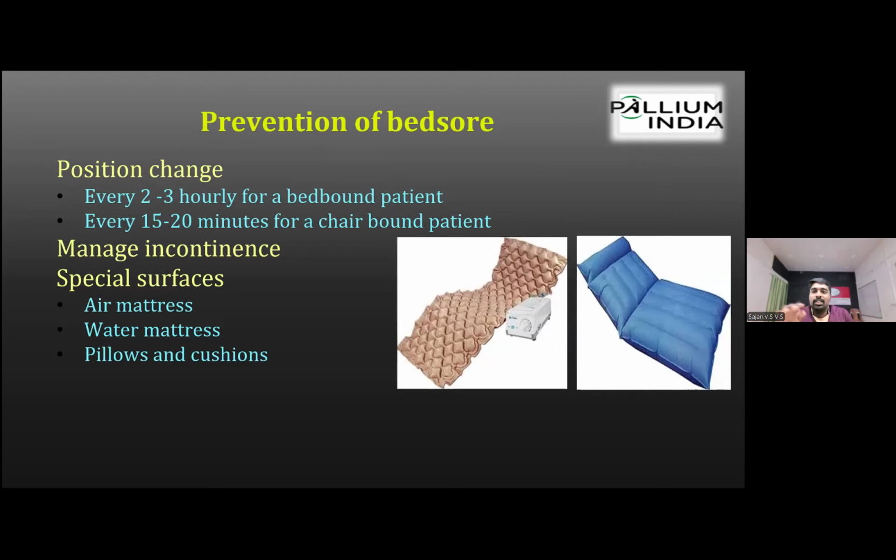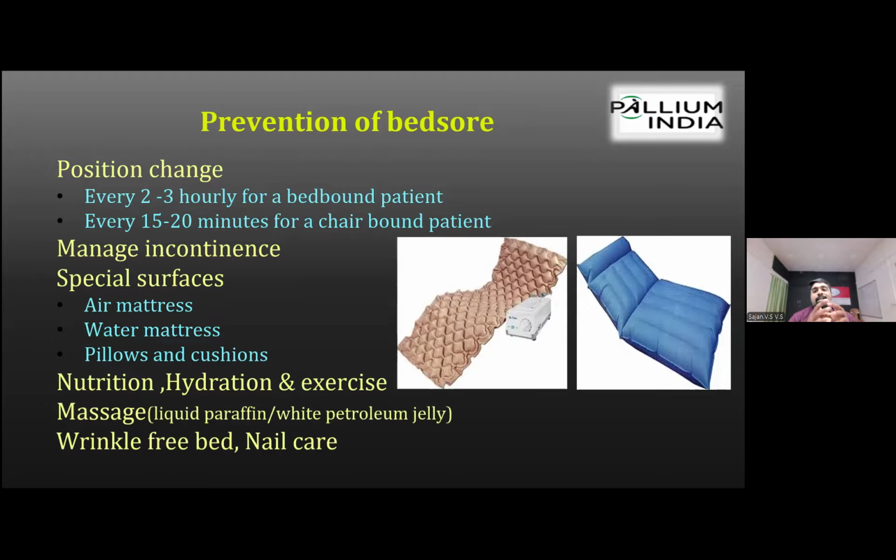Then, on position changing, various areas need support using pillows and cushions. We need to convey which areas need the support. Then proper nutrition, hydration, and at least minimum range of motion exercise are also very important. Here, exercise is not for making them wake up and roam around, not like that.